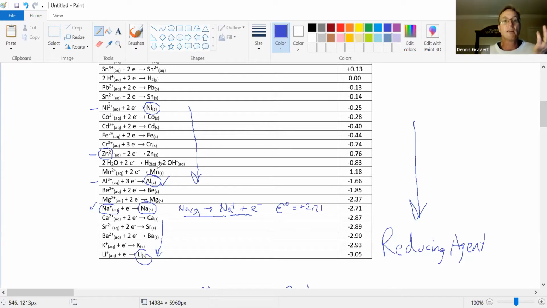Say, okay, does it make sense that aluminum reacts with zinc? That was the question. Which one is more likely to do it, aluminum or nickel, and react to reduce zinc? So take the aluminum, and you're going to flip this reaction.